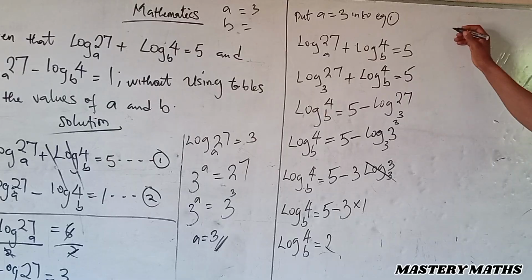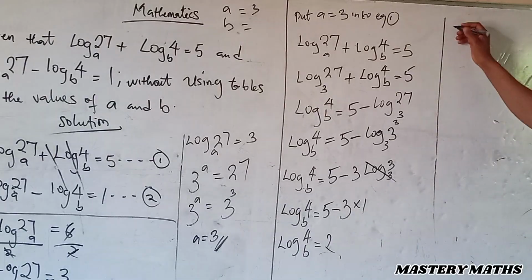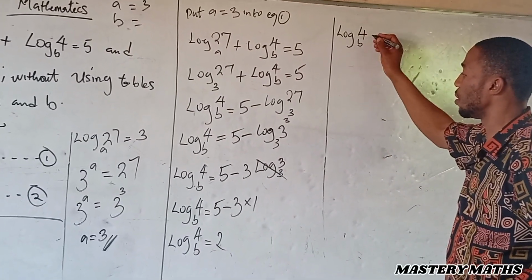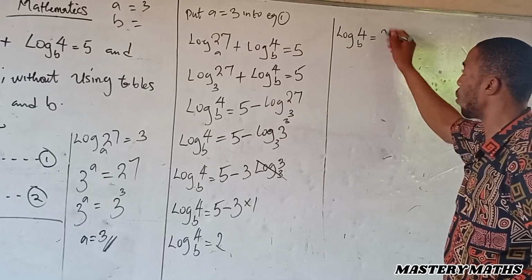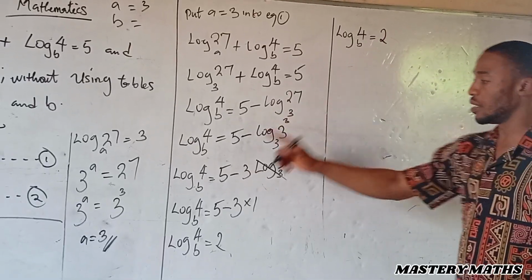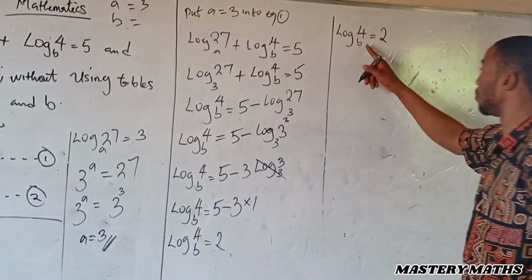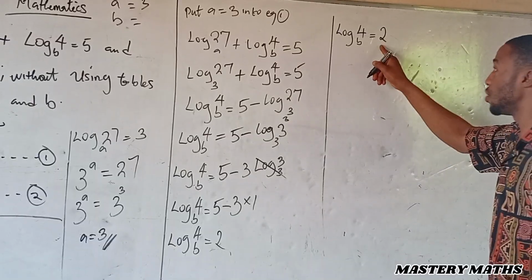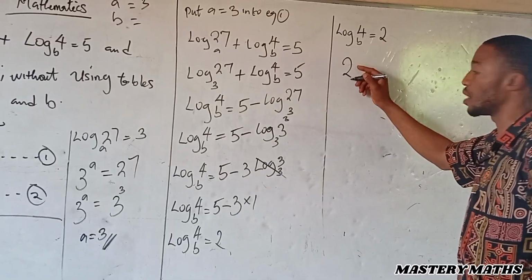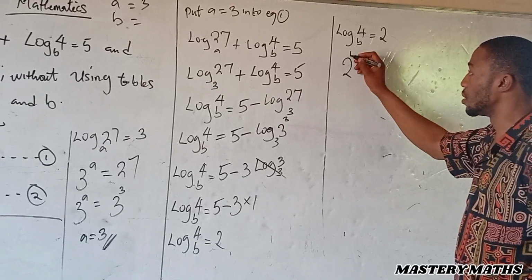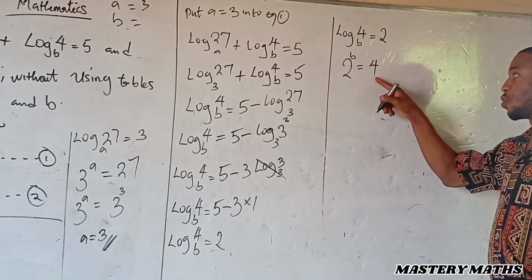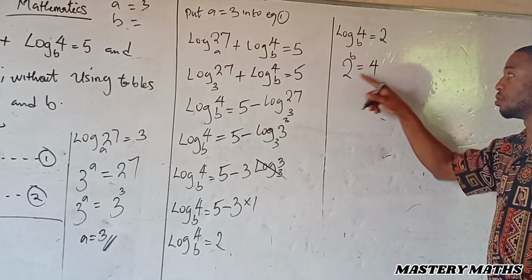To look for the B, let's bring it over here: log 4 base B equal to 2. Remember, we're looking for the B. The same thing we did here, that's what we'll do here. This 2 turns to a bigger one. The B becomes the power, equal to 4. Now we equate the whole number.